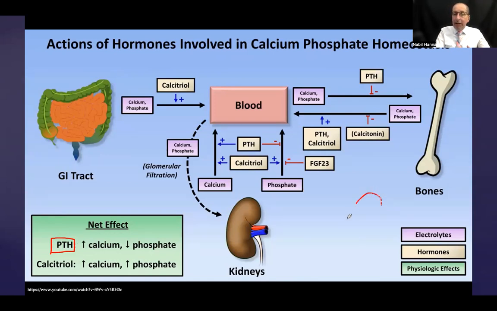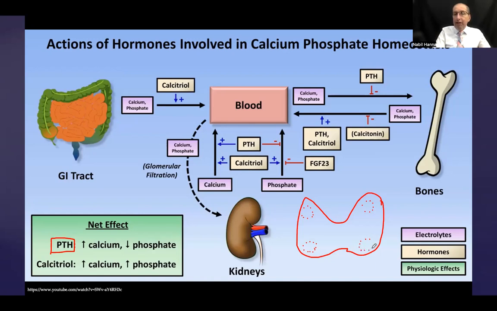On the posterior surface of the thyroid, we have 4 nodules, and I'm drawing them as dots just to remind you that the parathyroid exists behind the thyroid. These 4 parathyroid glands produce the parathyroid hormone, sometimes called parathormone.